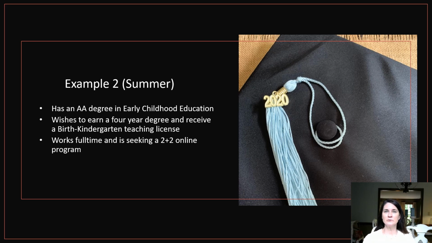Her professional development goals are this: apply to the 2+2 online universities in her state, and also apply for the Teach Early Childhood Scholarship to help pay for this education. There are specific deadlines for applying, and they also require transcripts and other documentation. So she wants to make sure she meets all of those deadlines so she doesn't miss any opportunities.